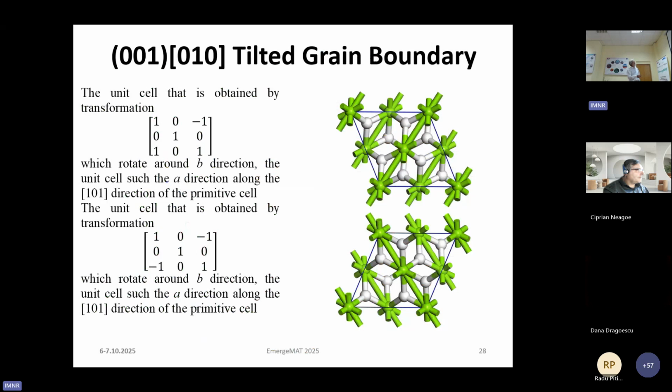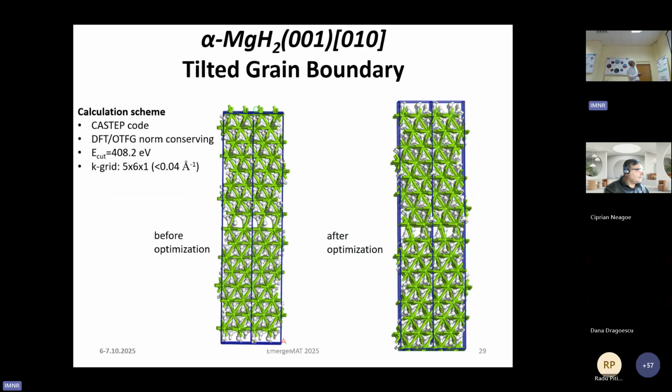So we can create different other structures just by inversion, so by symmetry in this plane. And we can combine to put these unit cells together and to create such a tilted grain boundary. You see here, this is the structure before the optimization, and this is after optimization.